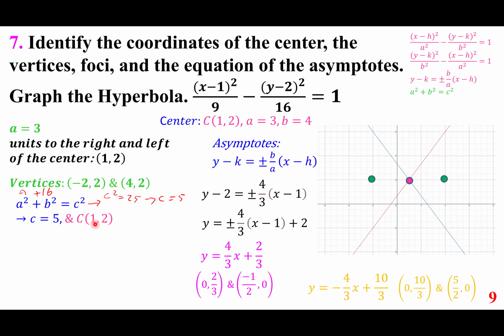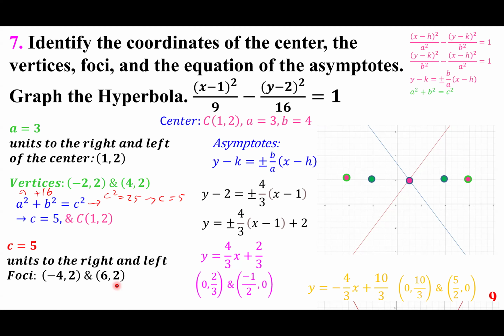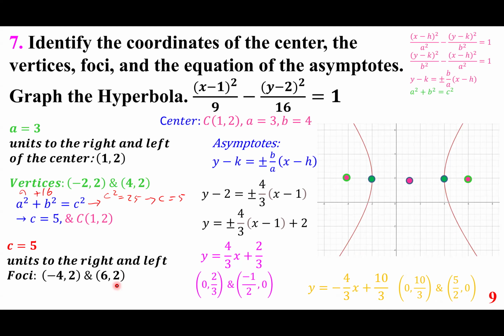And therefore, this is the center. Go back to the center. Now c units to the right, c units to the left. So 5 units to the right and left: minus 4, 2, and 6, 2. The graph, the asymptotes, everything is working.